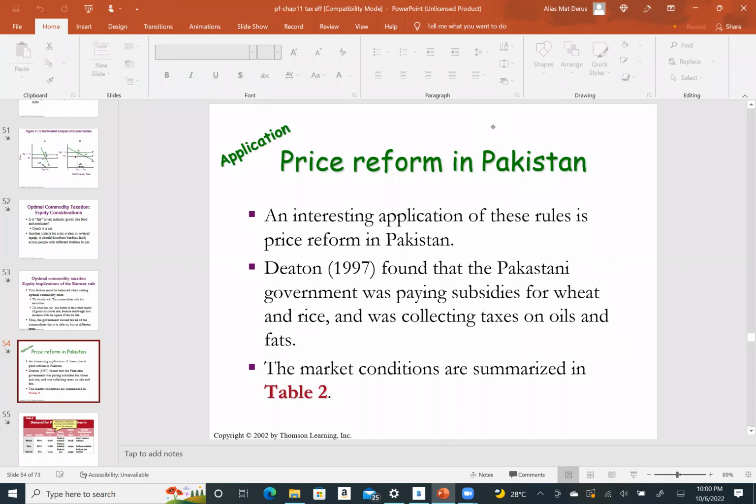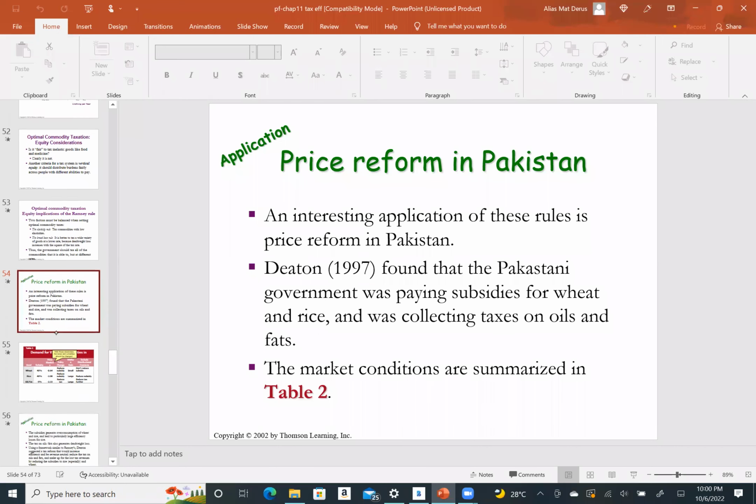If you look at the background, in the study done by Deaton, the government was paying subsidy for wheat and rice and collecting taxes on oil and fat. So these are the four goods, and the elasticities are summarized here.